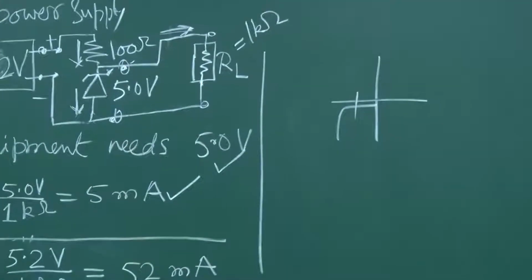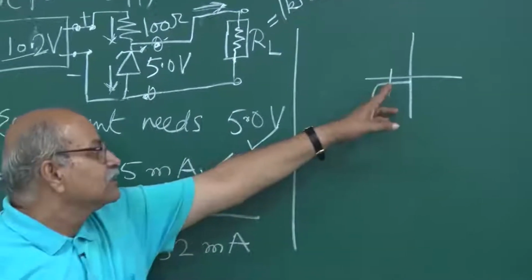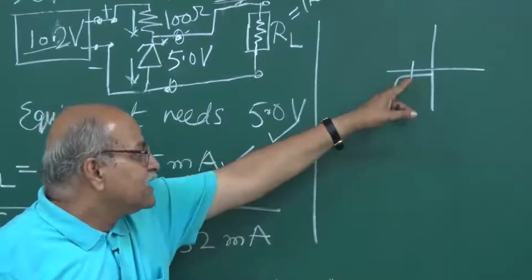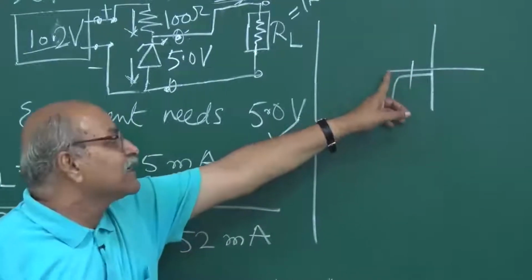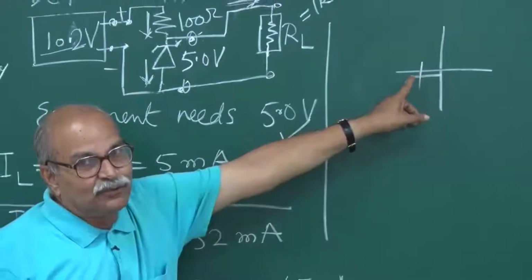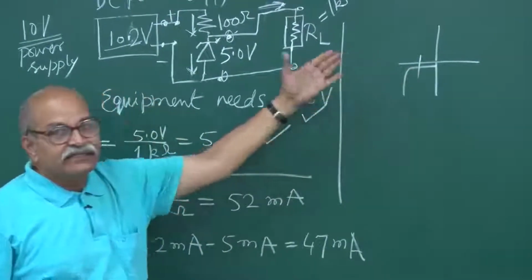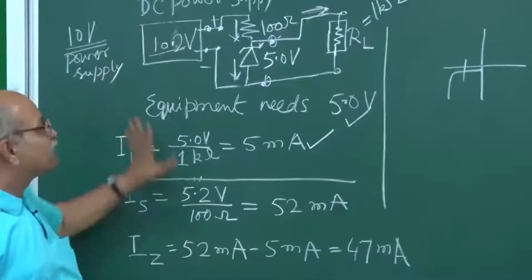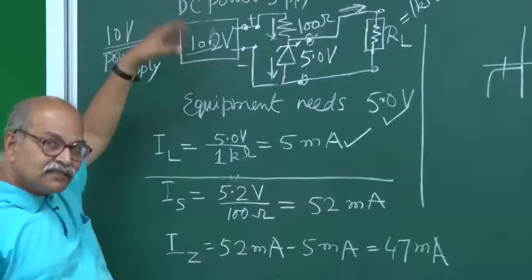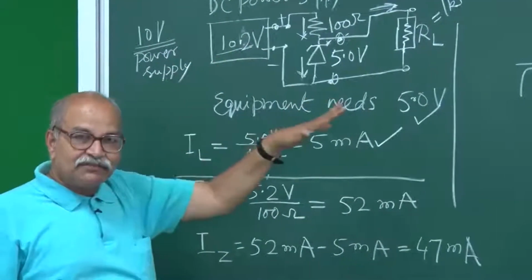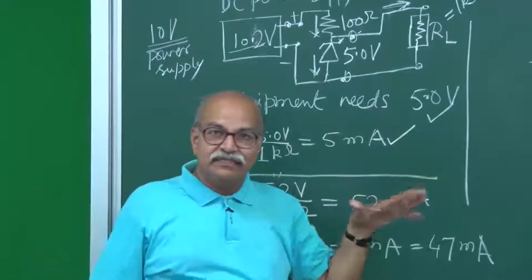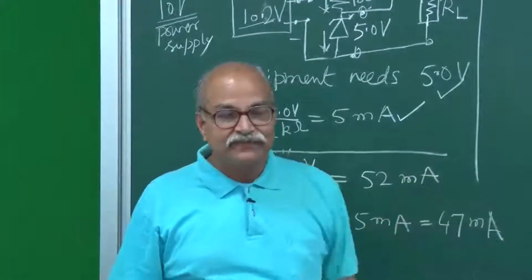Then it is not true that your current changes but voltage does not change. In fact, the current through the Zener does not change much and the voltage can change. So this has to be more than the breakdown, that's it. After that, let it fluctuate and it will give you a constant DC voltage.